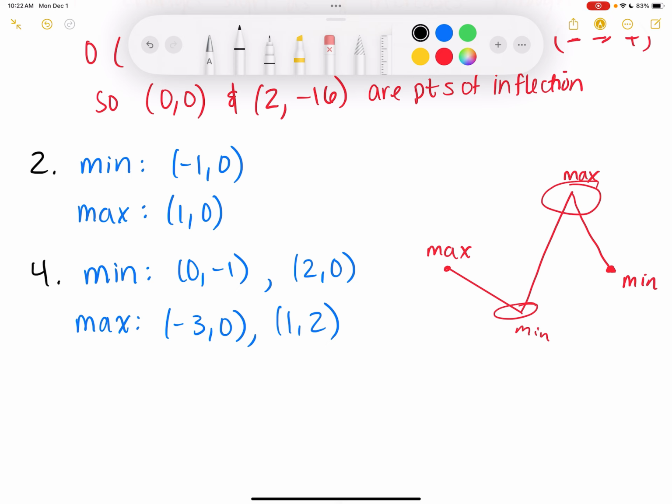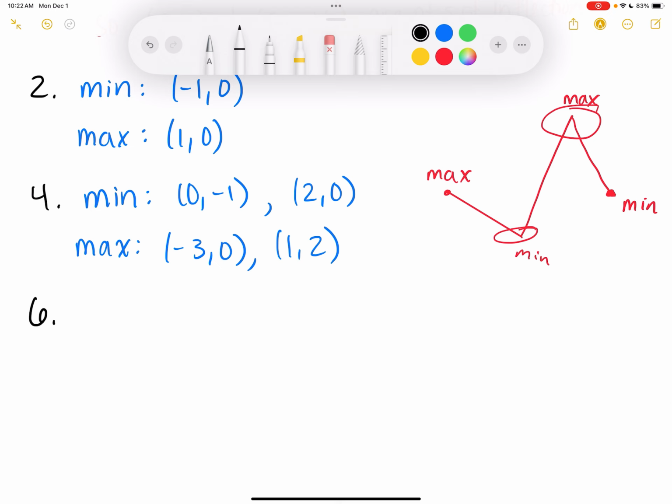Then the function has both a max value and a min value on the interval. So, looking at number 6, and it's possible for some of these that the extreme value theorem won't apply, so we'll have to pay attention to that as well.